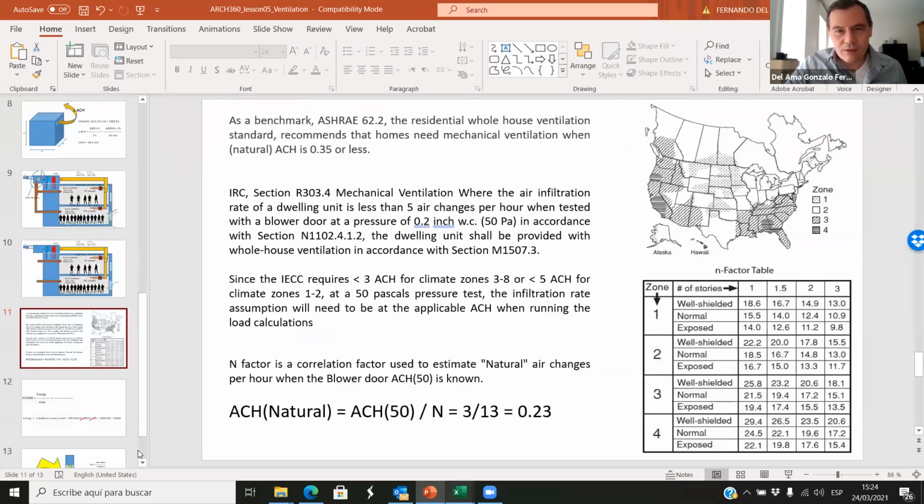And what are these conditions? We have a benchmark by the ARCH360. ARCH360, I told you, is the Bible of heating and cooling and ventilation systems.